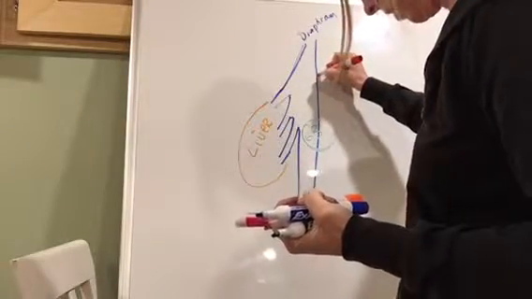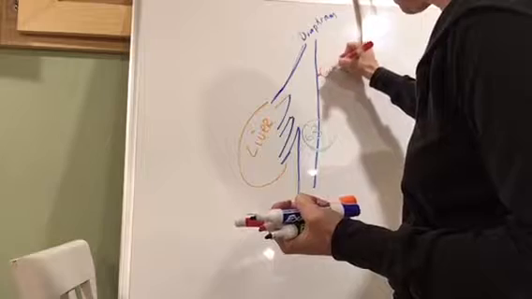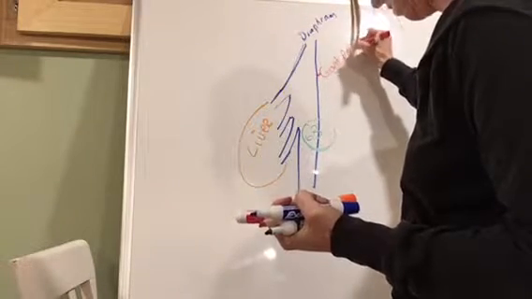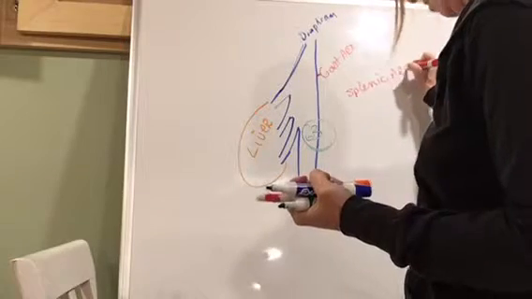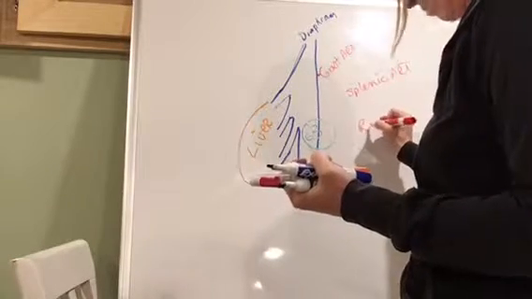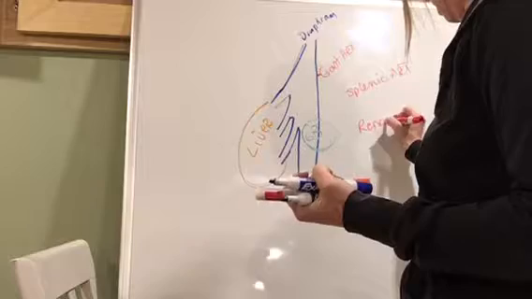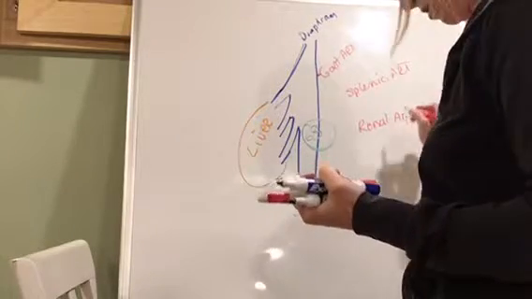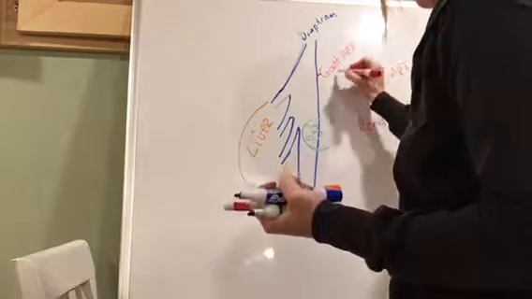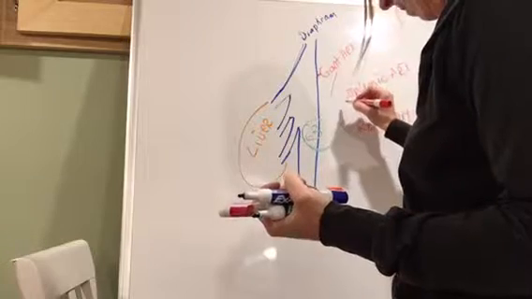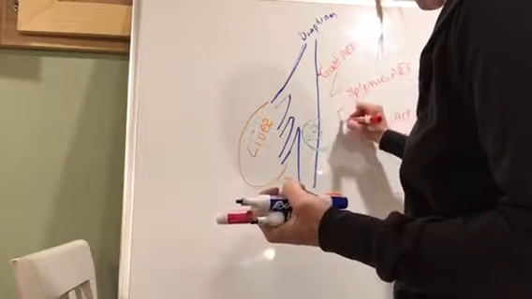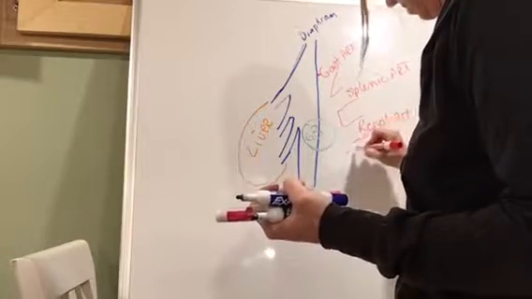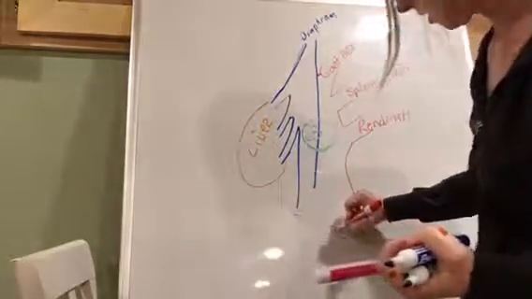Through here you have your gastric artery, splenic. I kind of remember this from when I dissected somebody several years ago. And it comes right out like this. And then this, of course, is your aorta.